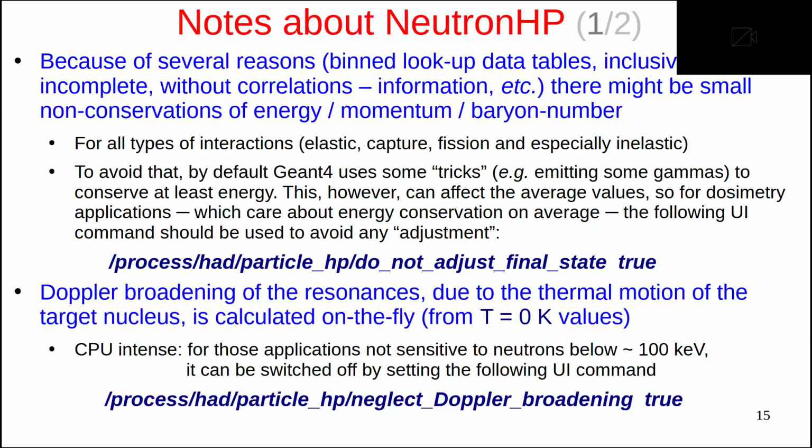So if you care about a detailed spectrum of particles, in particular low energy MeV range gammas, if you use this fake energy momentum conservation, you will see some fake gammas, and we got several complaints about this from the user forum.